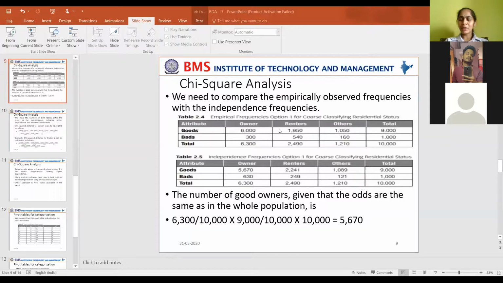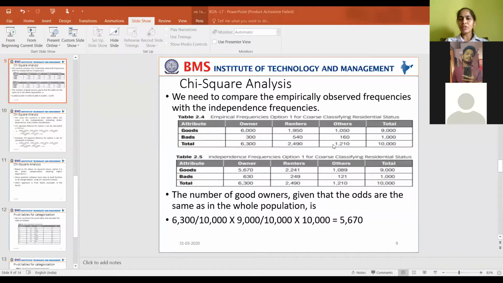If he is a financial expert, he will understand that customers can be categorized as owners of a house, renters of a house, or whether he can be taken under the other category. Otherwise, if they are staying for free, they may not spend any amount on paying the rent, so in that case, they may not be defaulters. Banking people or financial experts have some domain knowledge, so based on the domain expertise, they come out with some options of categorization.